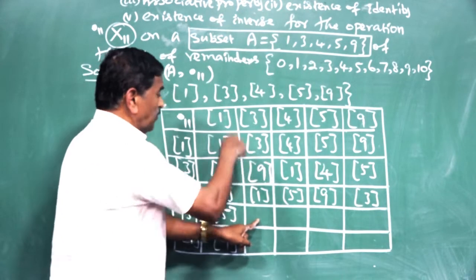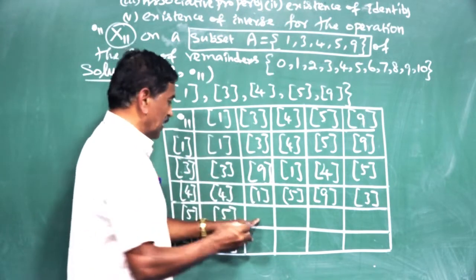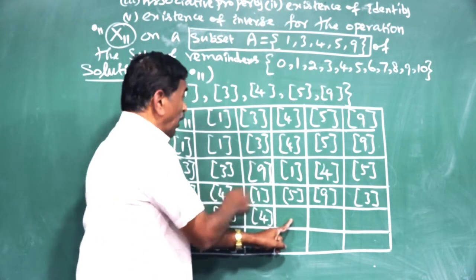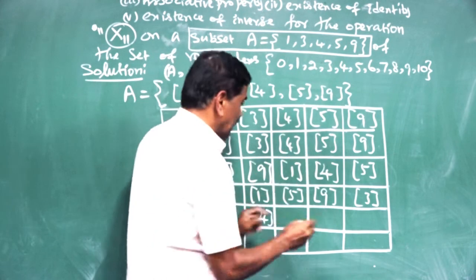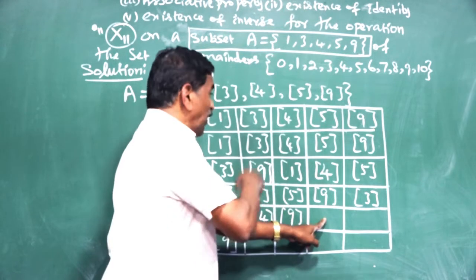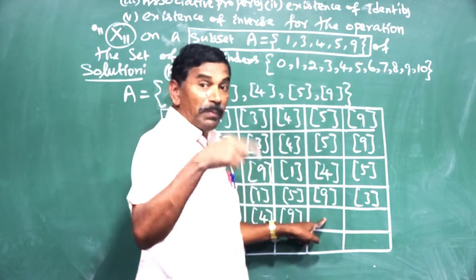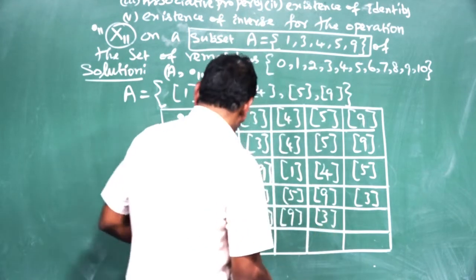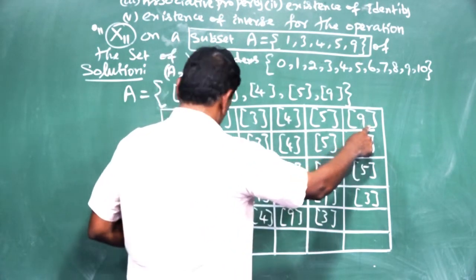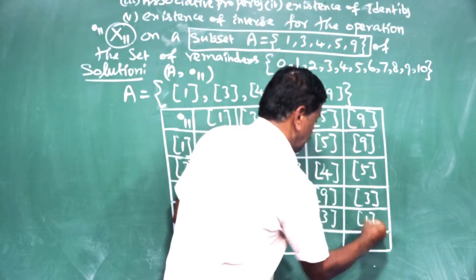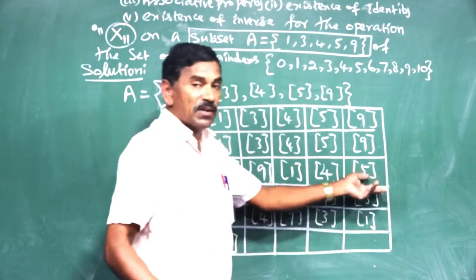Remember, 5 3s are 15, 15 minus 11 is equal to 4. 5 4s are 20, 20 minus 11 is equal to 9. 5 5s are 25, 25 minus 22 is equal to 3. 5 9s are 45, 45 minus 44 is equal to 1, because 44 is a multiple of 11.